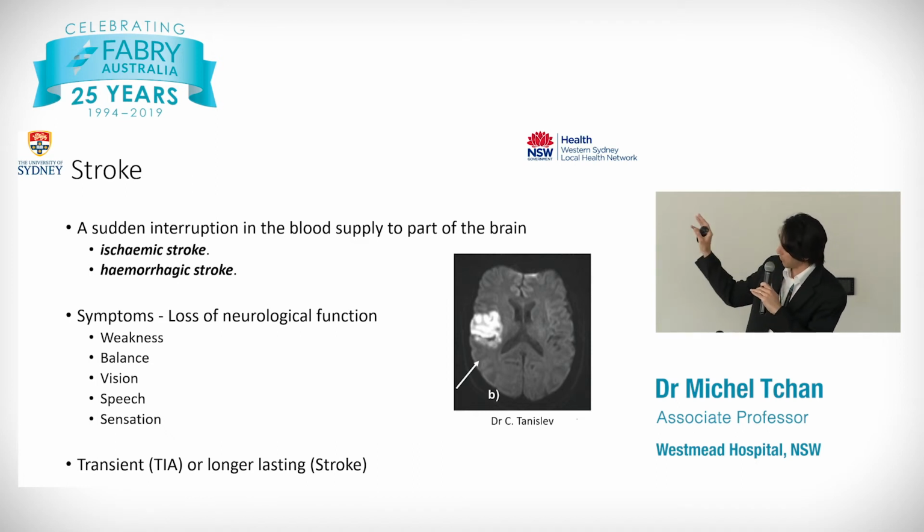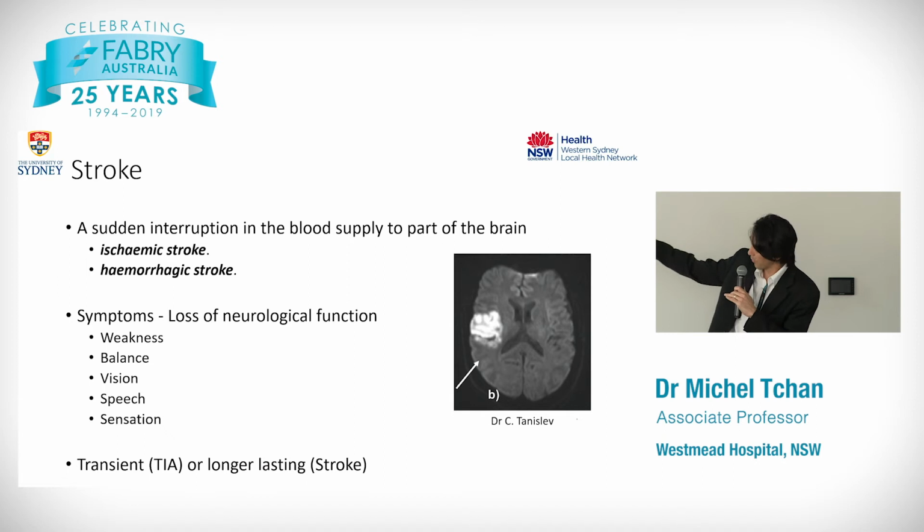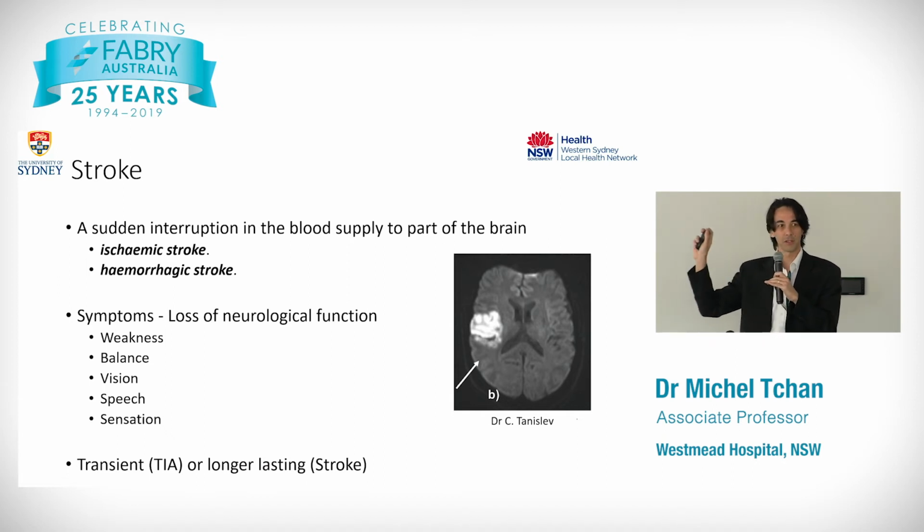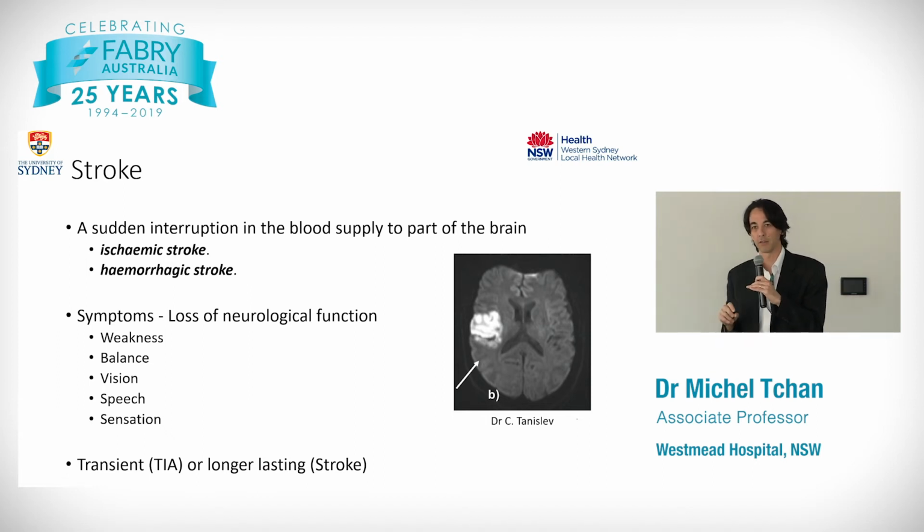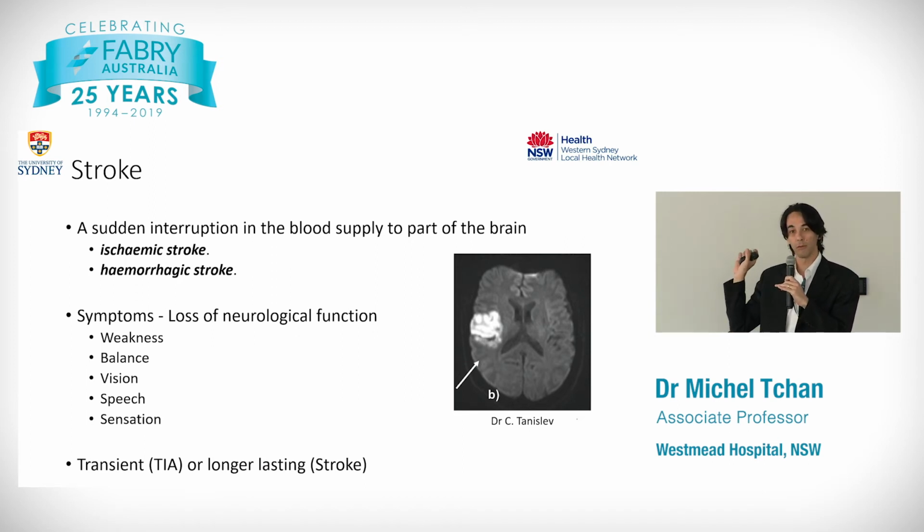If you imagine all of the brain supplied by the blood vessels, little tubes, and you block off one of those tubes, then the blood can't get to that part of the brain that requires the blood flow and thus the oxygen. So an ischemic stroke is where you get a blockage of the pipe, so to speak, the blood vessel.